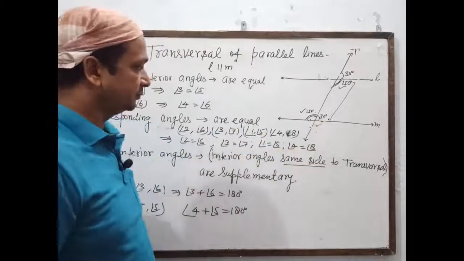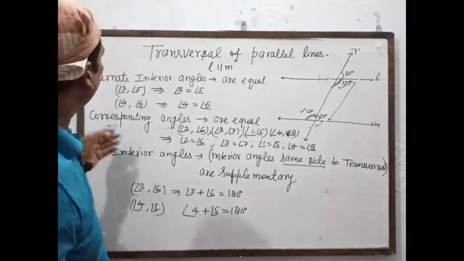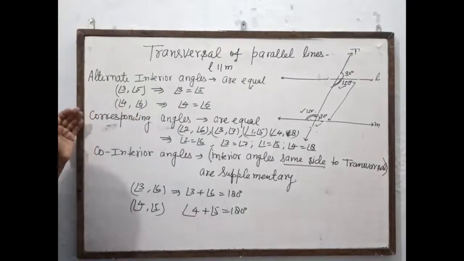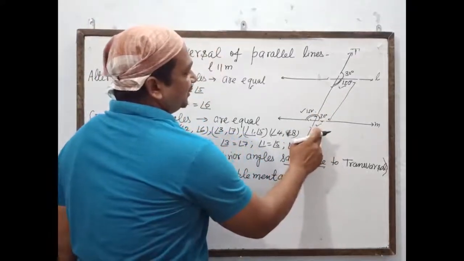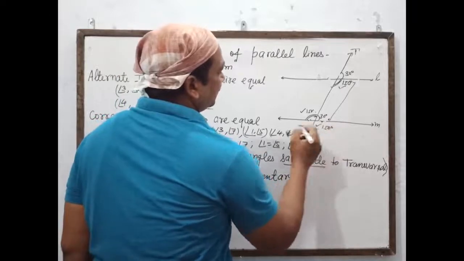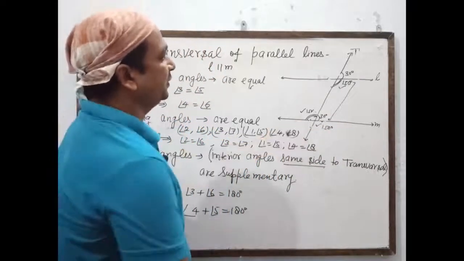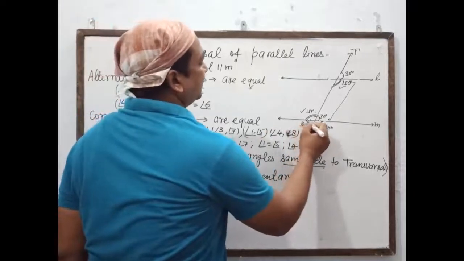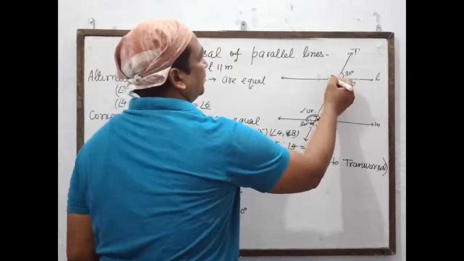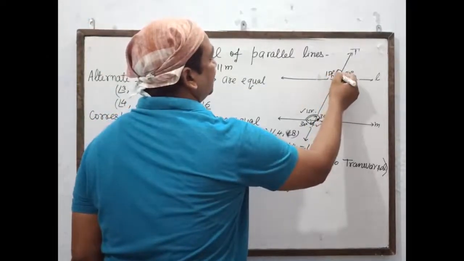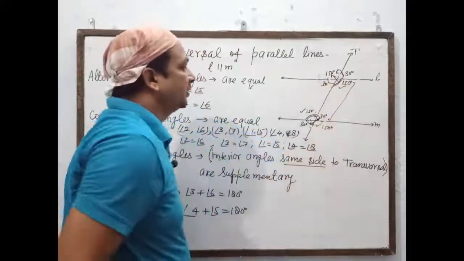By linear pair. And if we say that we have to use only these three properties, then 150 degrees, and this is a corresponding angle, and this will be 150 degrees. This and this is 150. This will be 30 degrees by linear pair, vertically opposite angles, and so on: 150 degrees by vertically opposite, 150 degrees by linear pair, 30 degrees by vertically opposite, 30 degrees by linear pair.